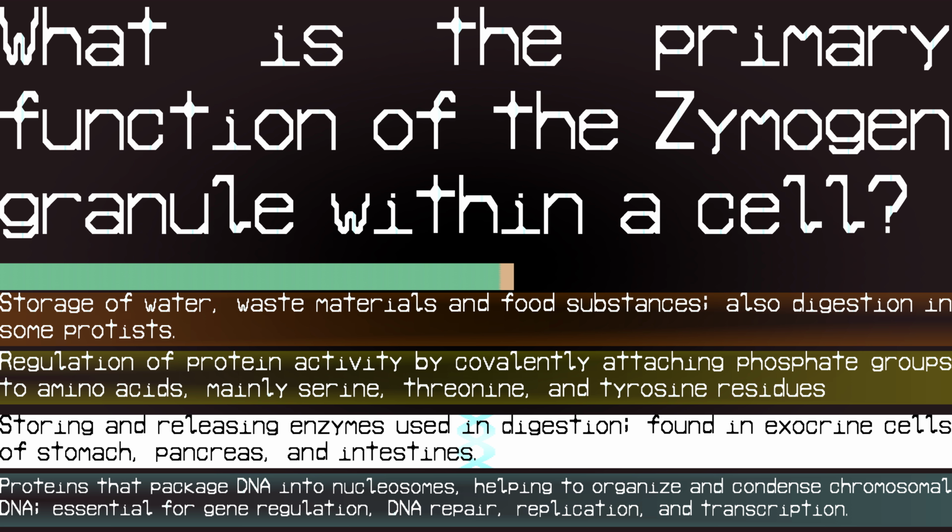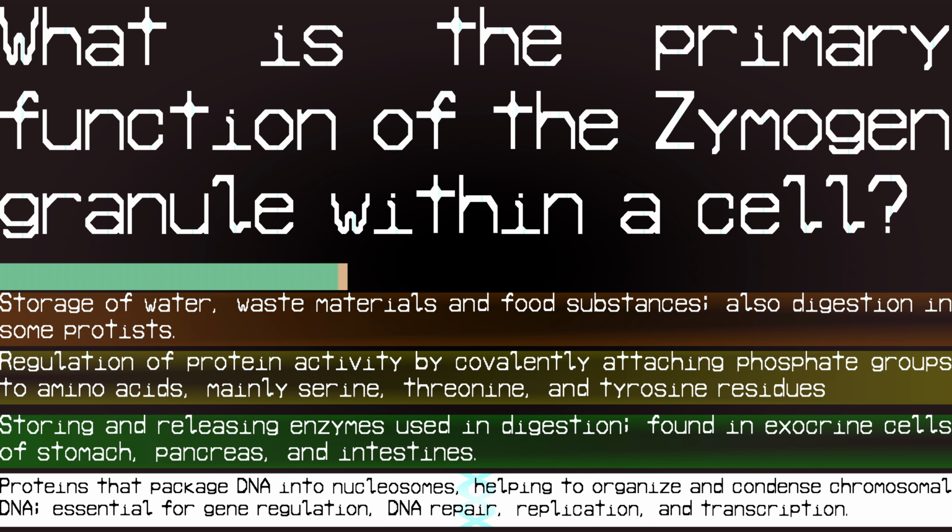Storing and releasing enzymes used in digestion, found in exocrine cells of stomach, pancreas, and intestines. Proteins that package DNA into nucleosomes, helping to organize and condense chromosomal DNA, essential for gene regulation, DNA repair, replication, and transcription.